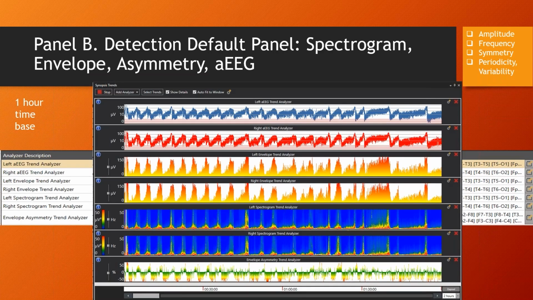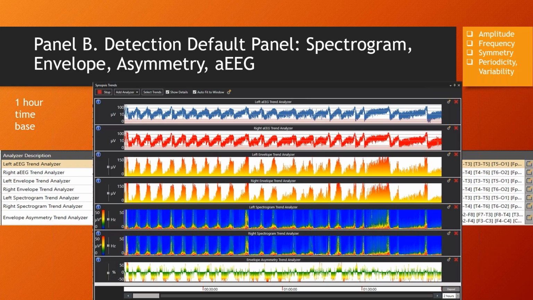Panel B is one that I use frequently for identifying seizure activity or rhythmic activity. And in this case, we're looking at a 2-hour time base. And we see the amplitude integrated EEG trends up top, envelope trend below that, left and right spectrogram below that, and the envelope asymmetry trend.